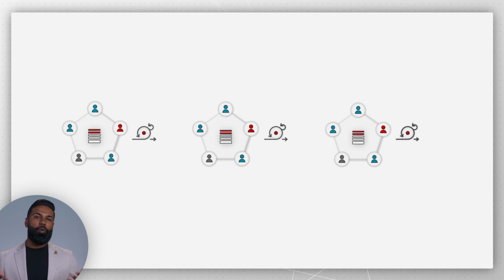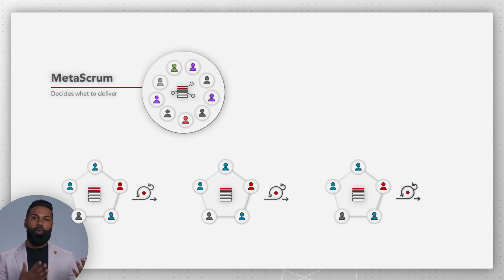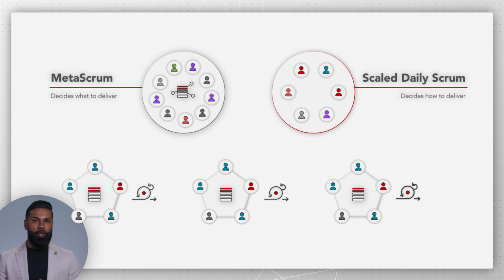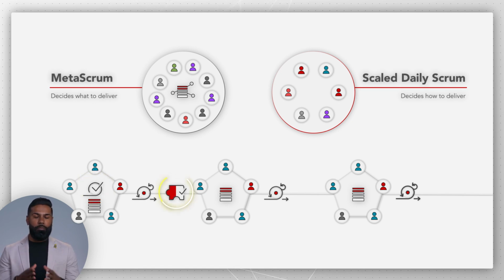You're still going to need a Meta-Scrum to decide what the teams will make, and a Scaled Daily Scrum to coordinate how they will deliver. However, it's here in a series that the definition of ready and definition of done become even more important. To avoid the problem of delivered work getting kicked back to the team that developed it, we must ensure that the definition of ready and the definition of done align.